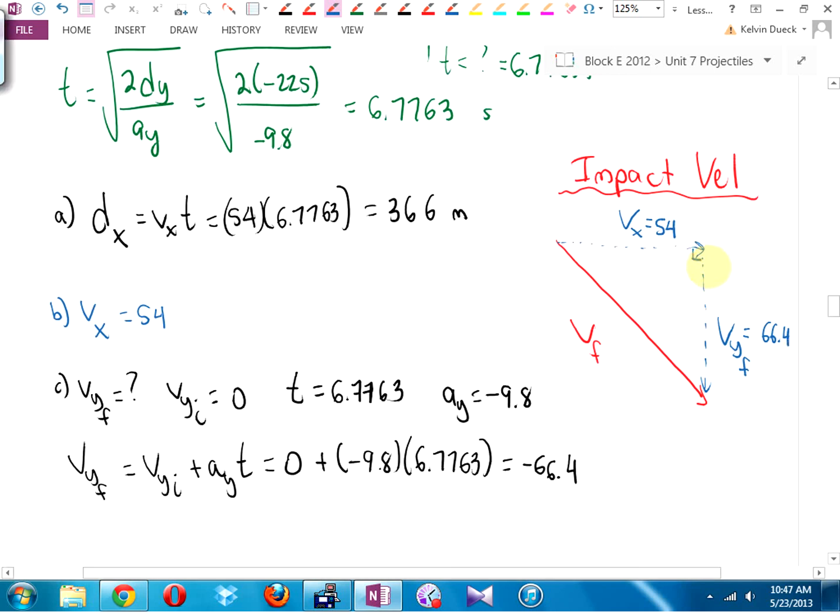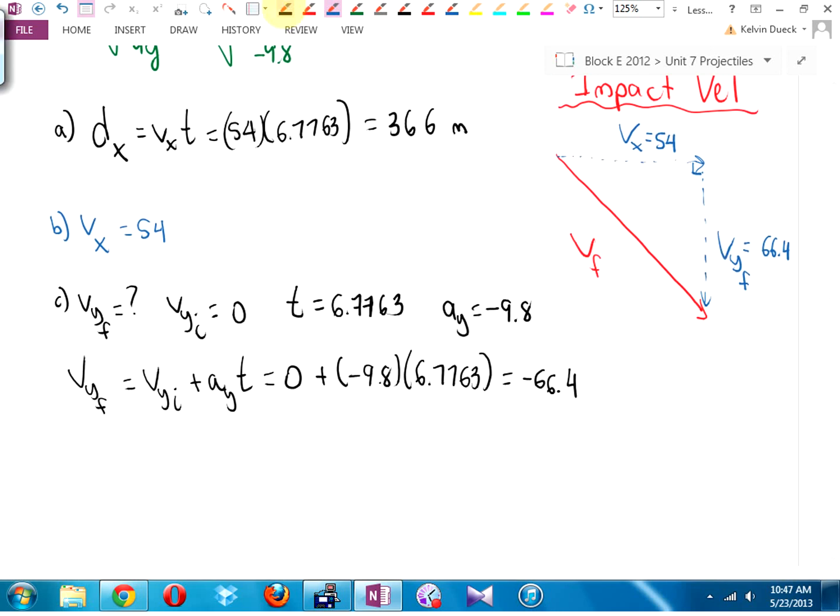How can I find out how big V final is? Pythagoras, holy smokes, math 8! So VF squared is going to be 54 squared plus 66.4 squared.